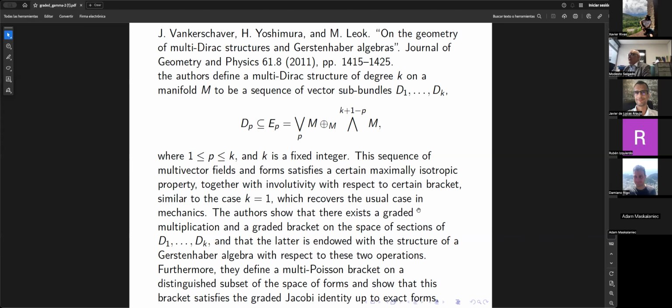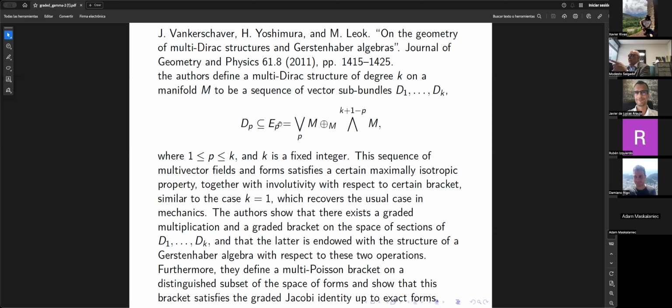A multi-Dirac structure is, okay, we have a manifold M. For any p, we consider this Whitney sum of the multivector fields of order p and the (k minus 1 minus p)-forms. And a multi-Dirac structure of degree k is just a sequence of vector subbundles D1, D2, ..., Dk.